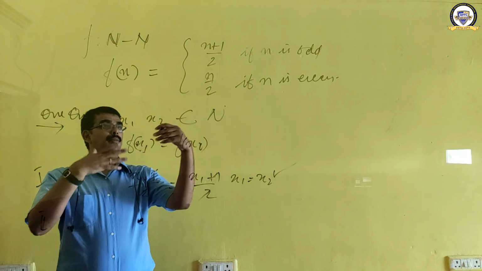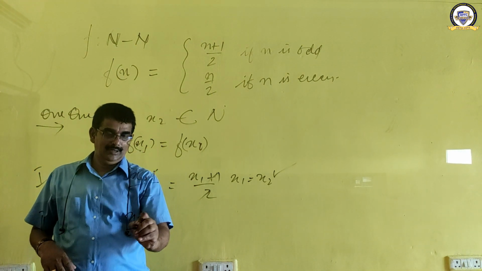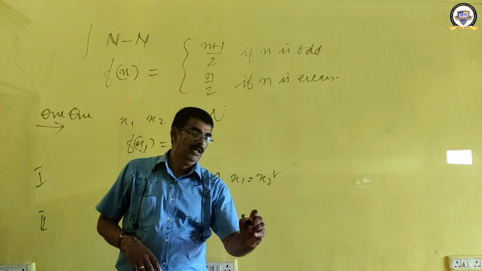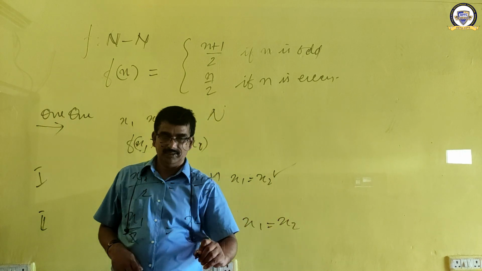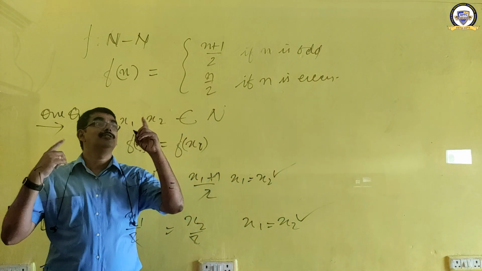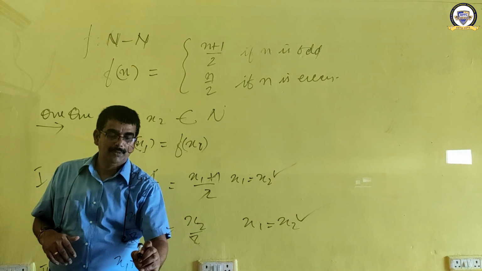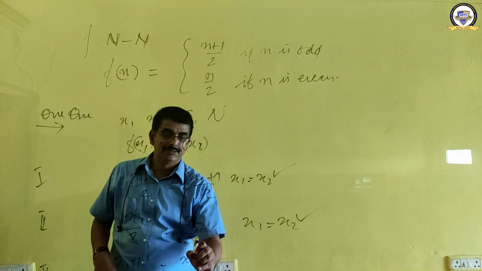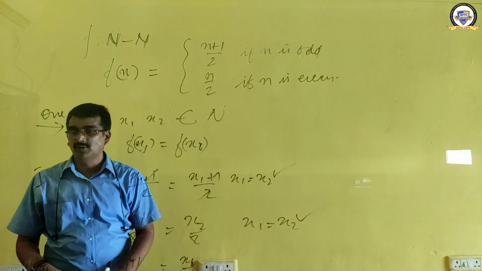Second case: if both are even, then x1/2 equals x2/2, the 2s cancel, so x1 equals x2. The second case is also verified. Then third case: x1 is odd, so (x1+1)/2, and x2 is even, so x2/2. That is also possible, no?